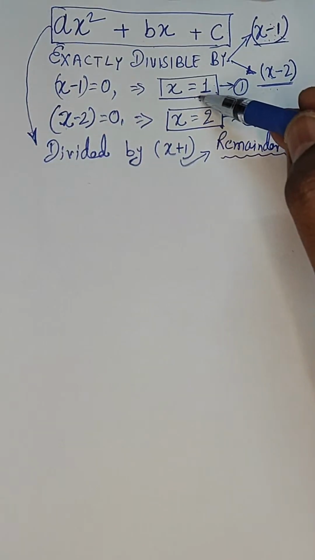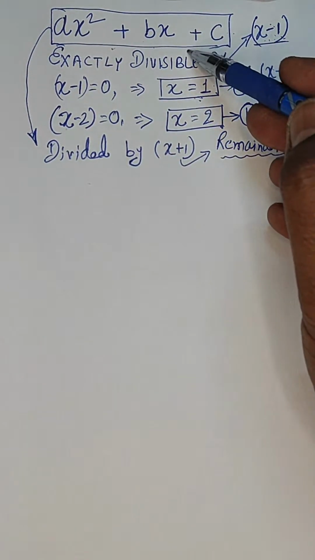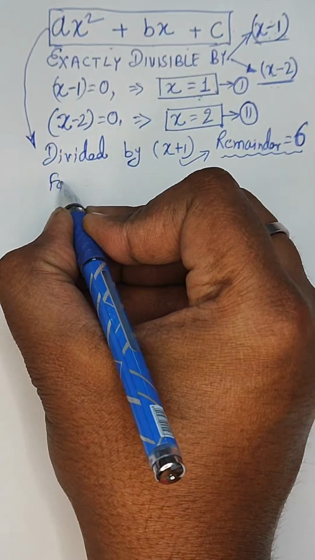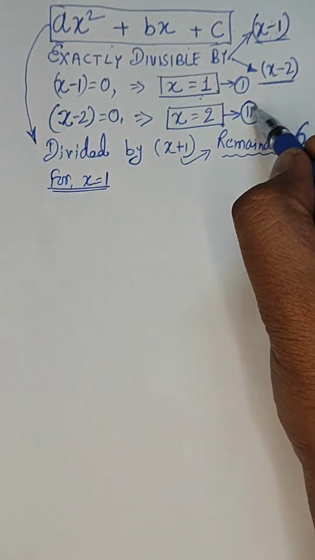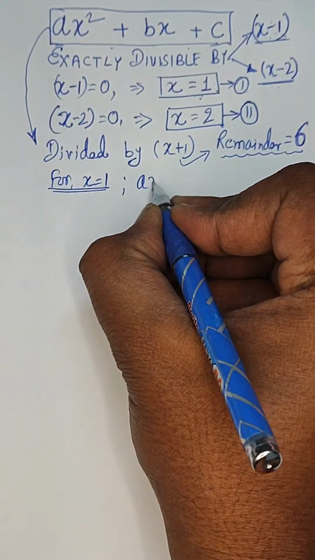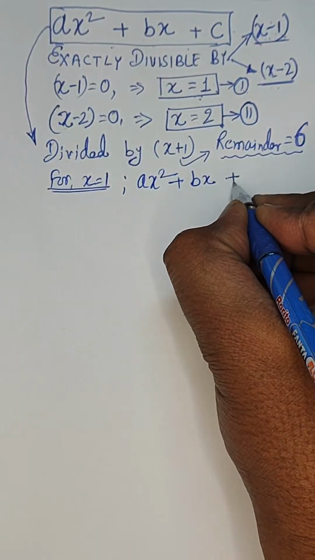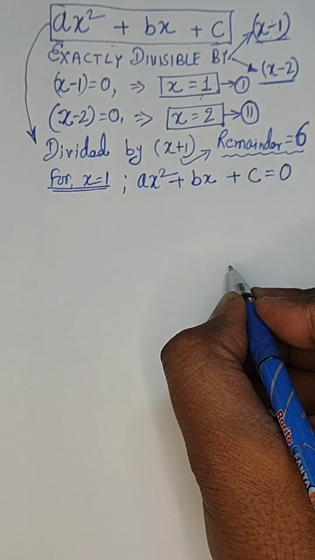Because these are the factors, this can be equated to 0 and it will convert into an equation. So for x is equal to 1, our polynomial ax square plus bx plus c is equal to 0.